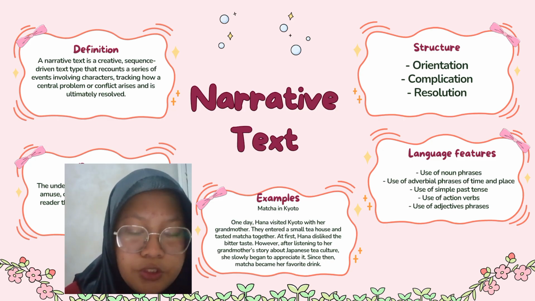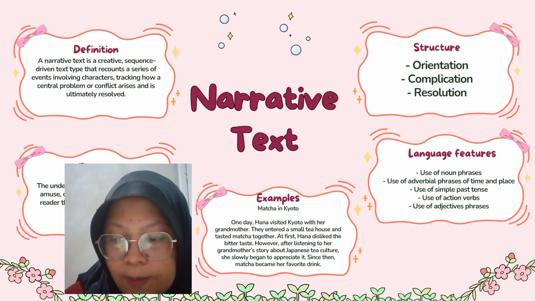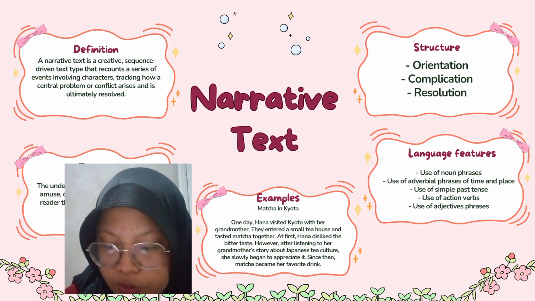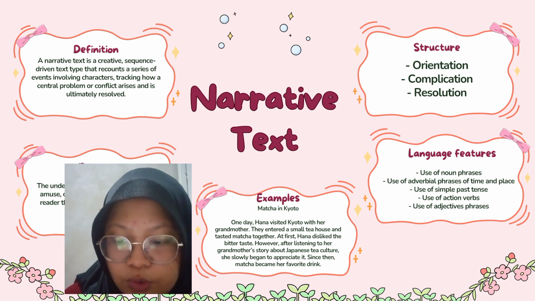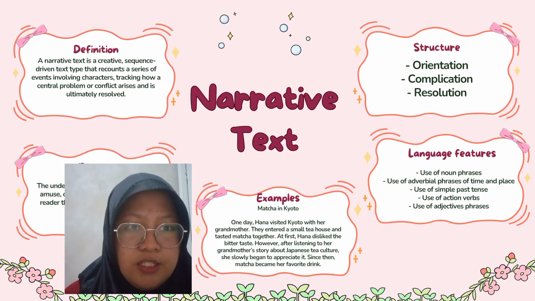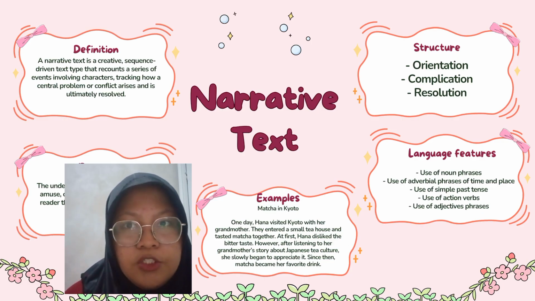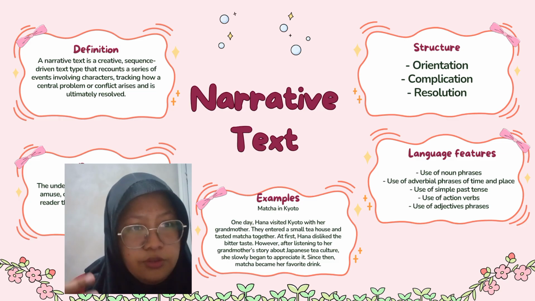And then the resolution: However, after listening to her grandmother's story about Japanese tea culture, she slowly began to appreciate it. Since then, matcha became her favorite drink. So this text is an example of a short narrative text. It has orientation, complication, characters, and it also has a resolution.